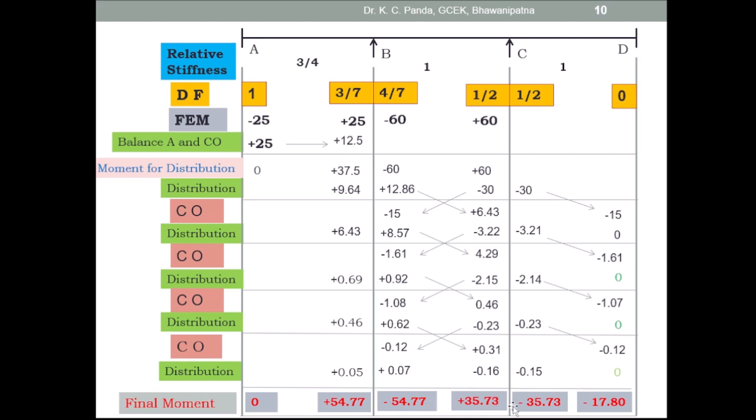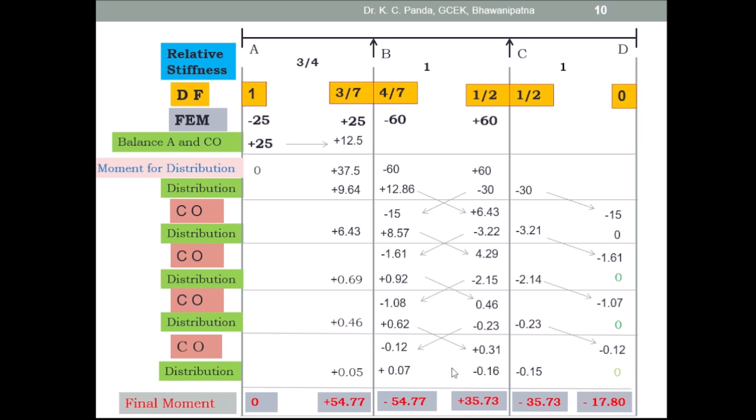Similarly, check at joint C whether the sum of the moments is 0 or not. Here MCB plus MCD should be 0. MCB is equal to 35.73 and MCD is equal to minus 35.73, so the sum is equal to 0.